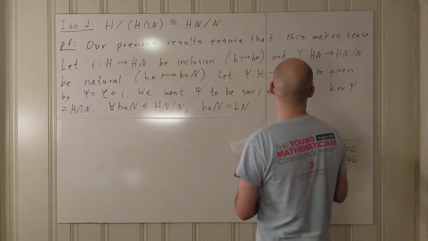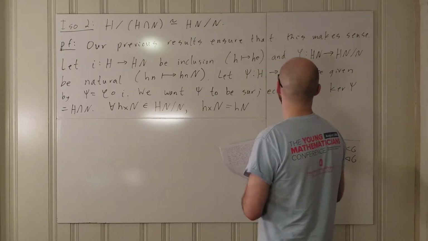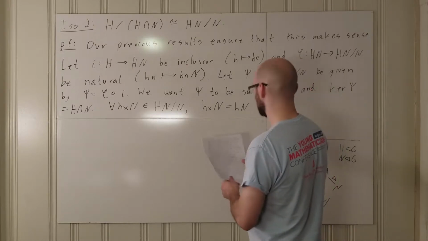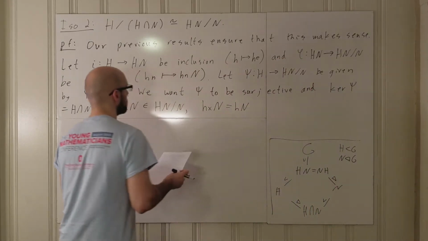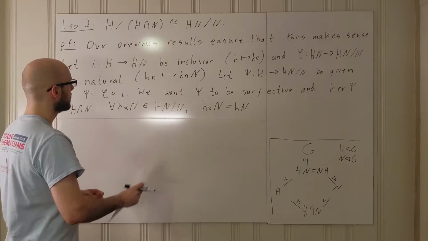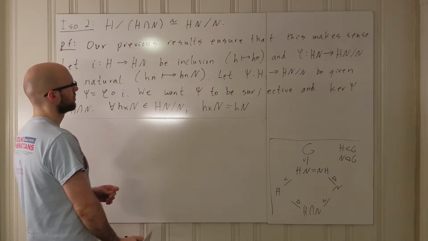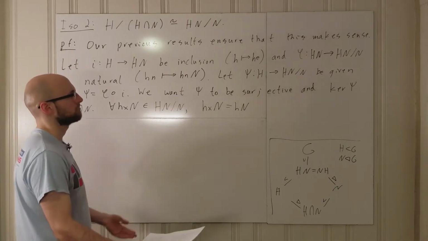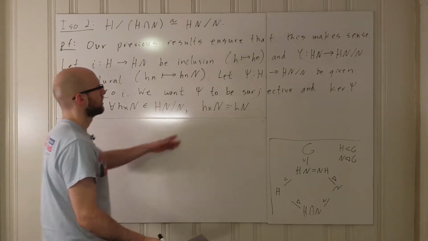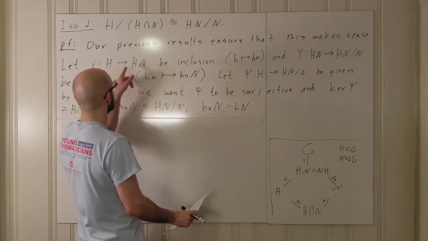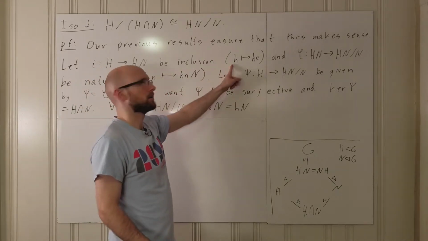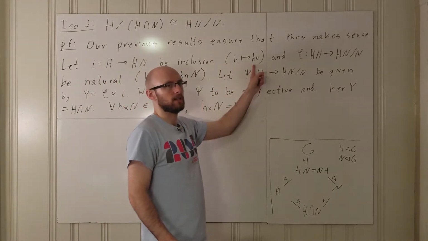But what is hN? This is just what happens when we take psi of h. Right. Okay, because what happens to psi of h? We're going to start with h, and then it's going to go to h times e, the identity.